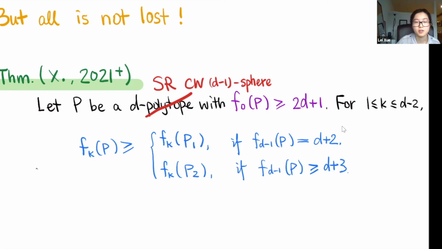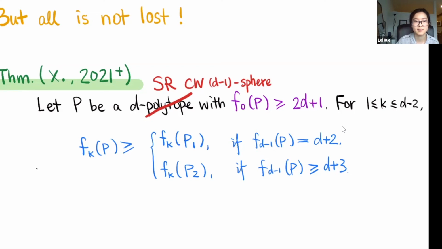I also want to say that similar things happen when you have vertex number 2D plus 2. We also have two candidates, and one candidate only exists when D is odd, and things are quite similar.